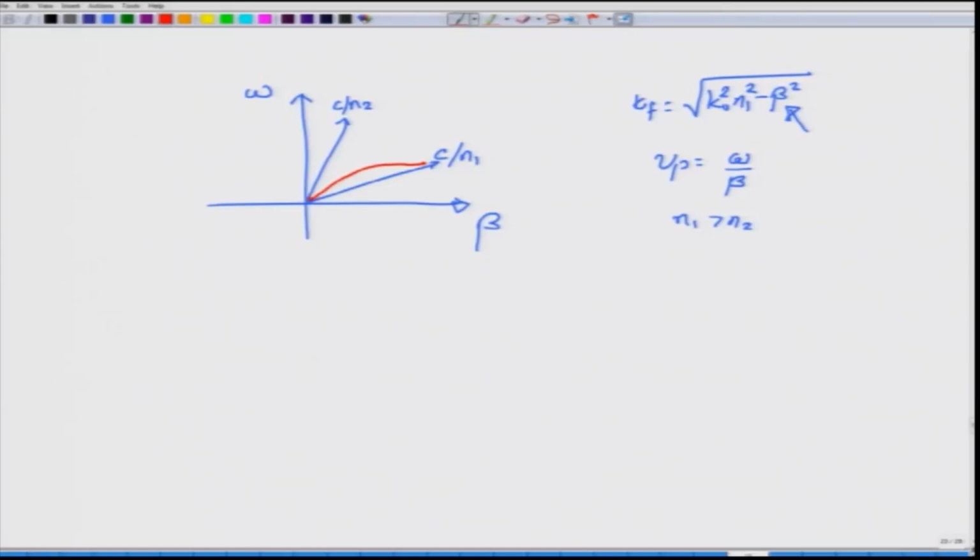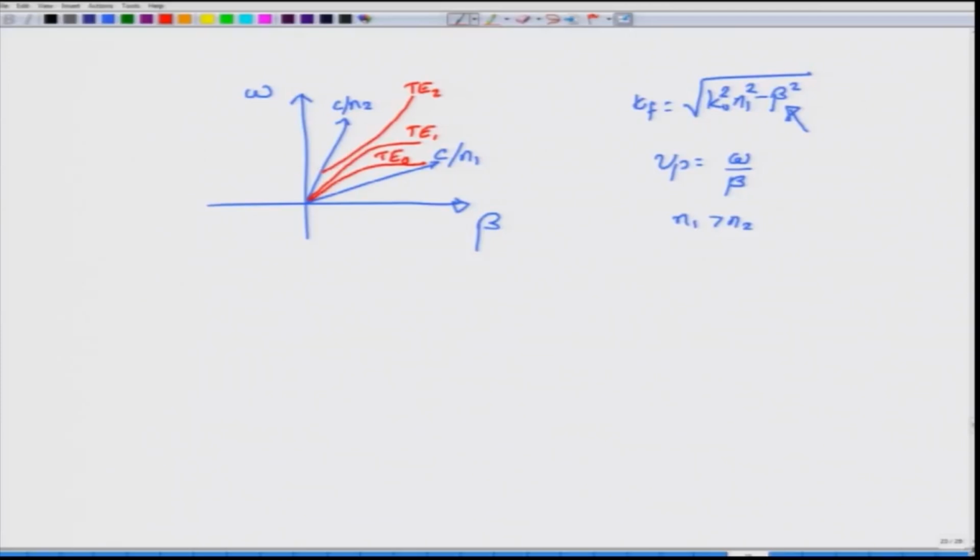Then you will also see that the next mode will do something like that, the other mode will do a different kind of curve. So, you can find out how these modes vary with respect to omega as you change the value of beta, or alternatively as you vary beta with respect to omega.